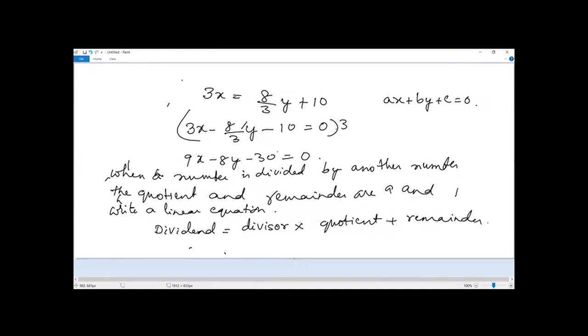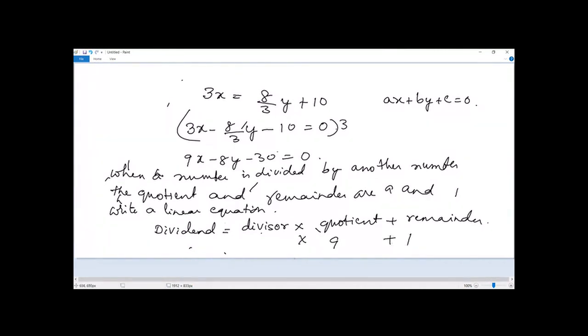So when a number is divided by another number, the quotient and remainder are 9 and 1. So how will you write this? Quotient is 9, remainder is 1, plus 1.